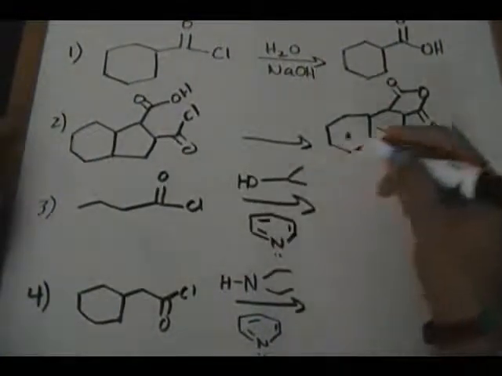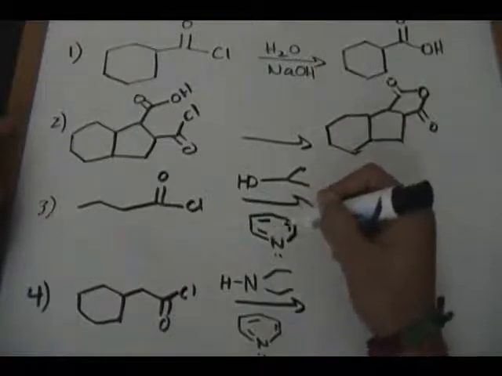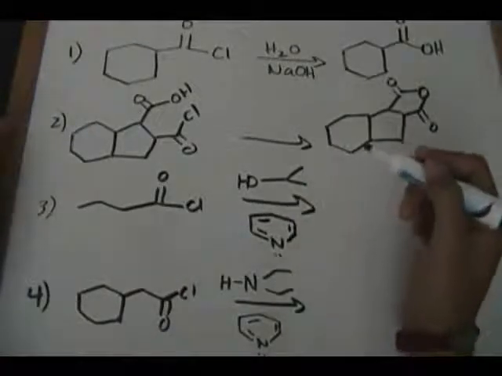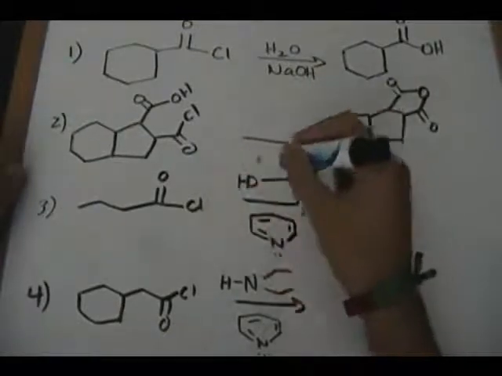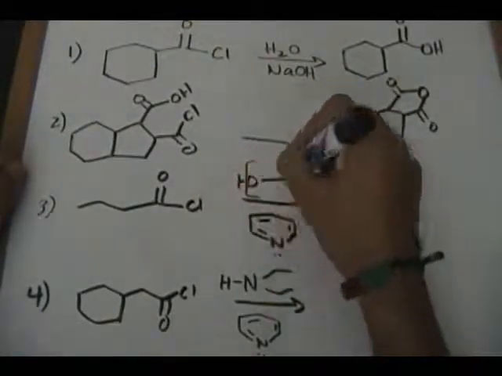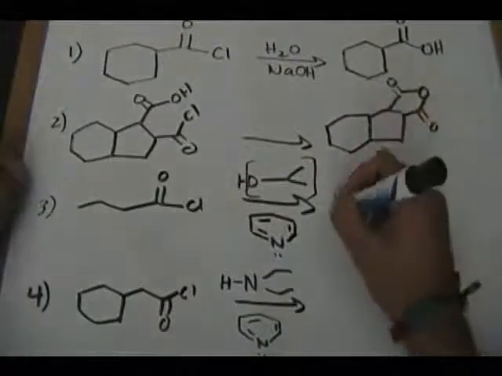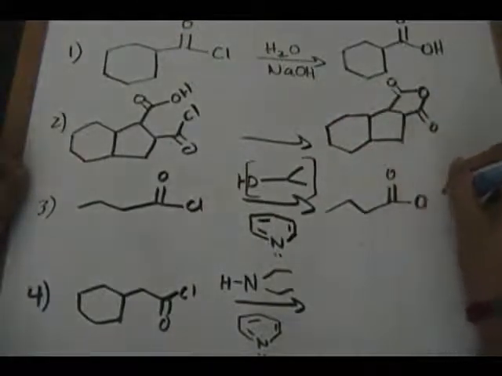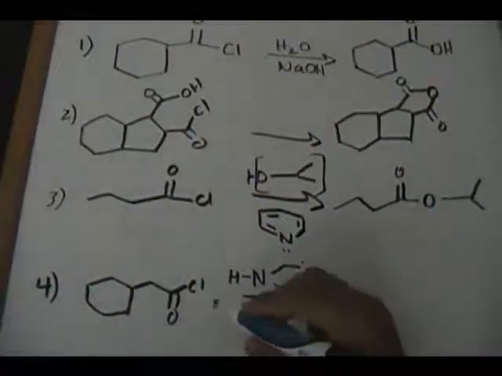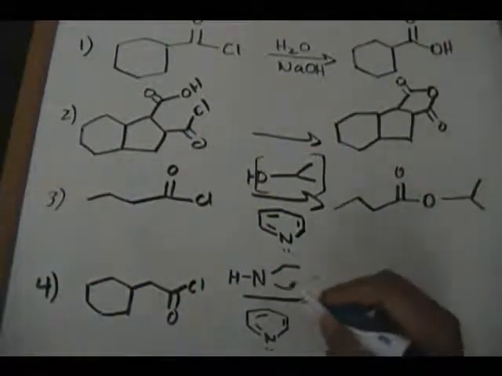Third reaction, acid chloride with an alcohol. Here's our pyridine. It could be pyridine or sodium hydroxide, just some sort of base, and all we have to do is replace the chlorine with this piece that I'll put in brackets, and we get our ester. There you have it. The fourth reaction is an acid chloride with a secondary amine.